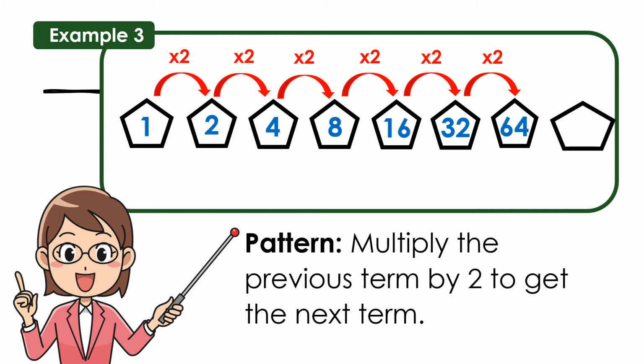Very good. Now, if we multiply 2 times 64, we get what number? We have 128. Thus, our last 3 terms are 32, 64, and 128.